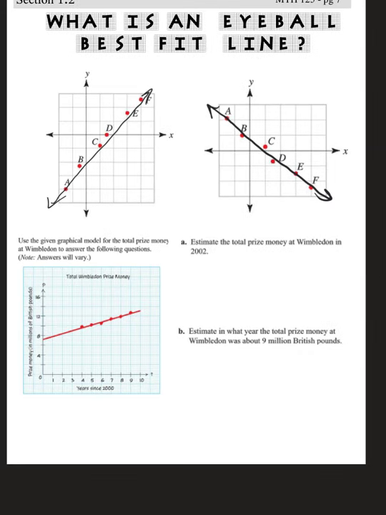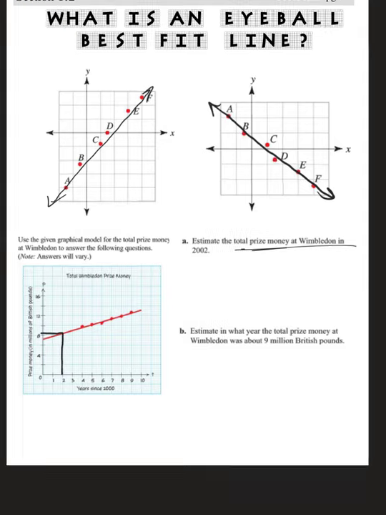Underneath here, we have a graph that's showing some data points showing how much prize money was made at Wimbledon. The year since 2000, so this is looking at 2000 to 2010. Estimating the total prize money that's won at Wimbledon in 2002, I would find 2002, follow it up and over.